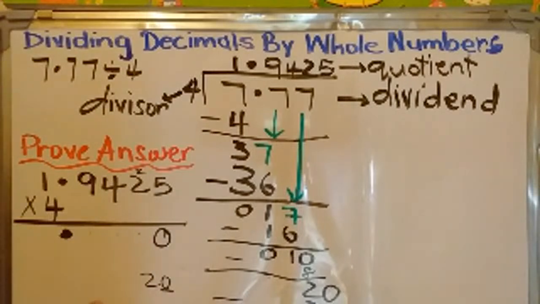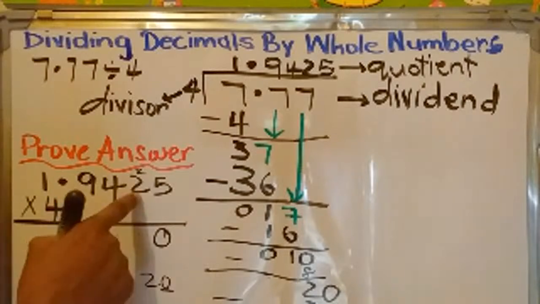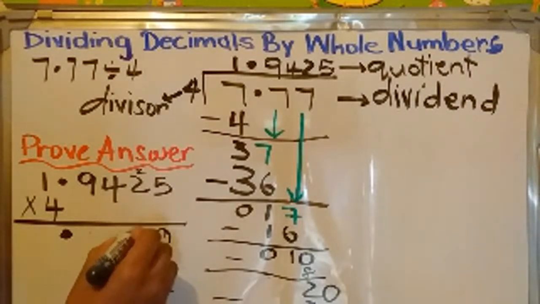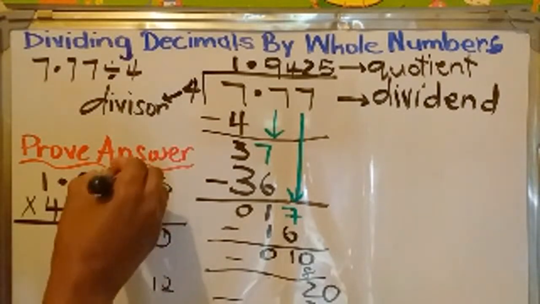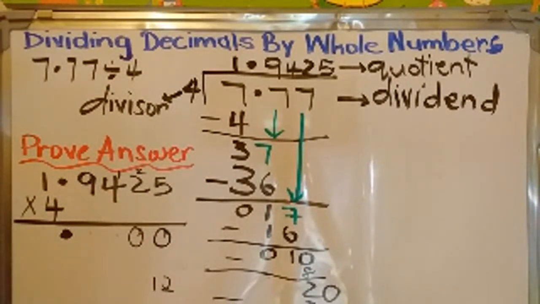And of course, I'm going to take my 2 and I'm going to multiply it by 4. And 4 multiplied by 2 is 8, plus 2 is 10. And of course, 10 again is a 2-digit number. I'm going to put down the 0 because it is in the ones place. And I'm going to carry my 1 over to my hundredth place.